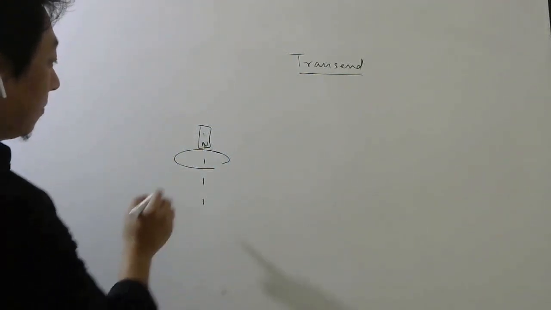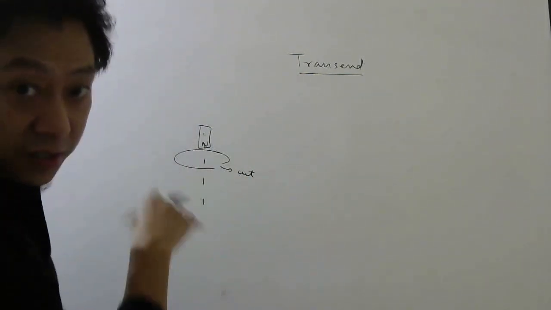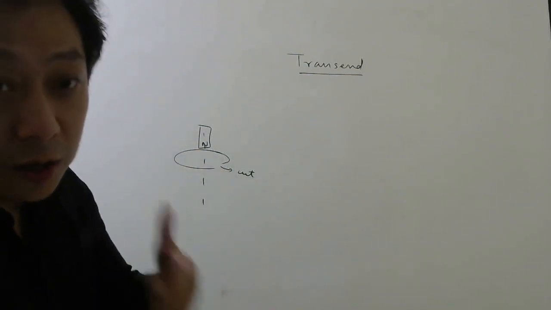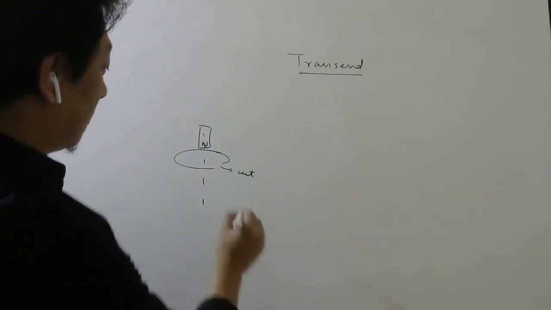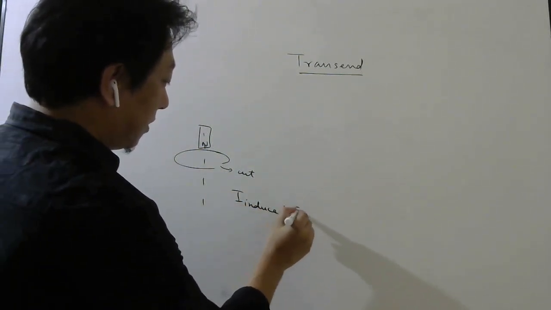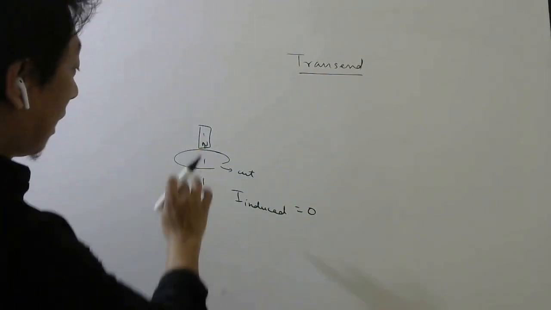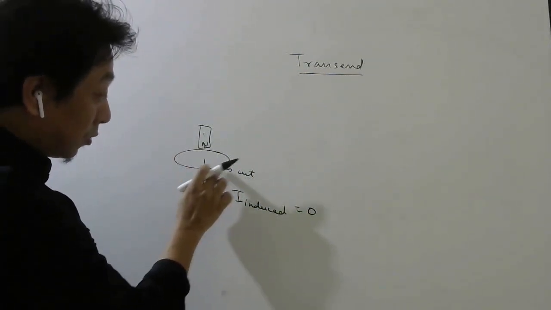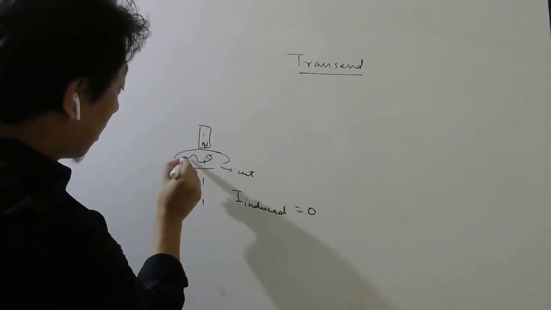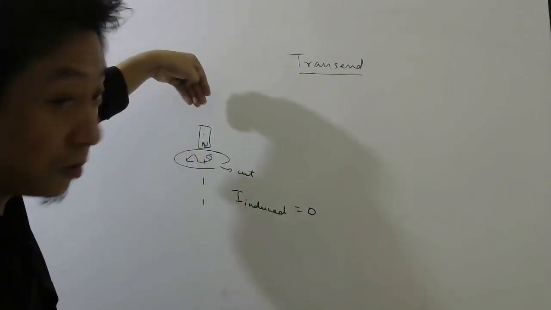Now please understand. See, there is a cut. Though flux is changing through this imaginary area, there will not be any induced current because there is a cut. So the induced current will be 0. Students, if it was closed, then this face would act like north, because it would oppose this magnet whose north is coming towards the coil.